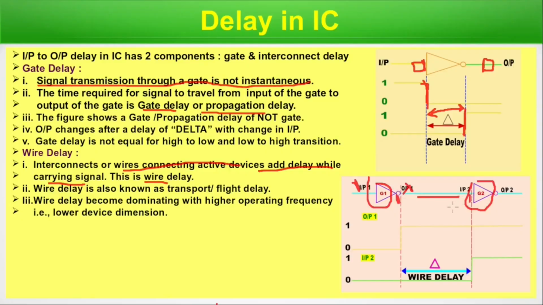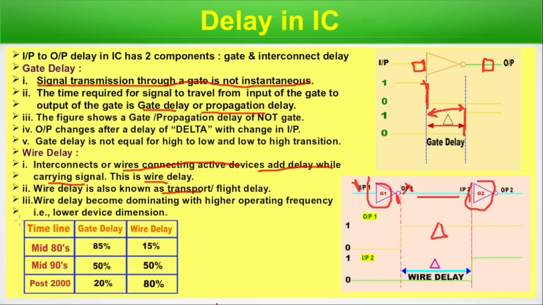We know why: interconnects add delay because of their parasitic effects. So there is a finite time, denoted by this delta. That is the wire delay. Wire delay is also known as transport or flight delay. Wire delay becomes dominating with higher operating frequency, that is, lower device dimension.